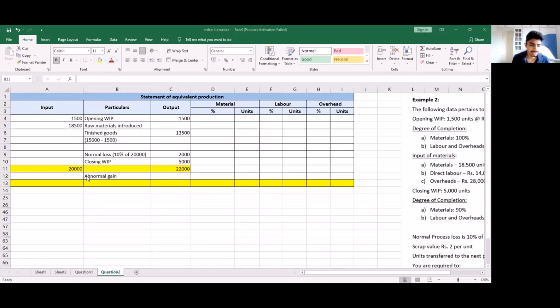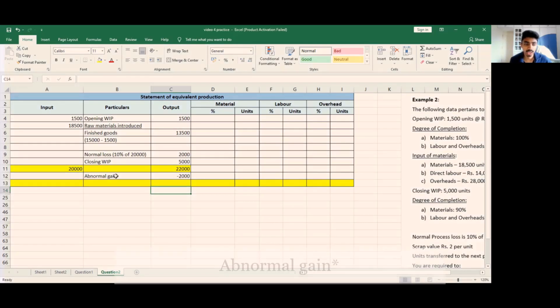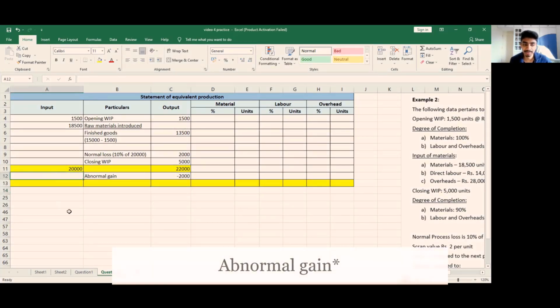And over here, we see that our input is less than our output. So normally we would write 2,000 on our input column, but abnormal gain is an output. So we will write the difference on the output column, but in negative terms. So we will write minus 2,000. If you remember the process account, we accounted for abnormal loss on the debit side.